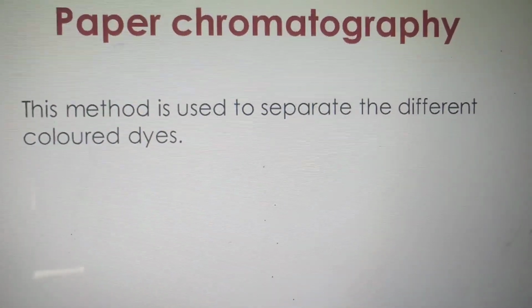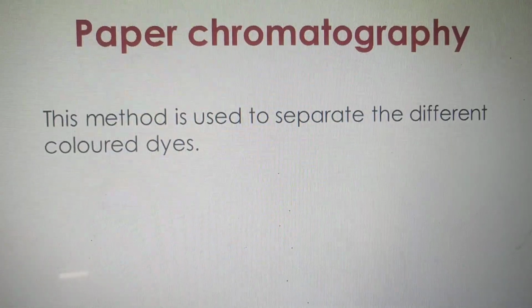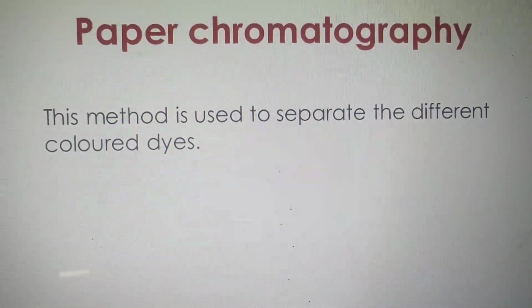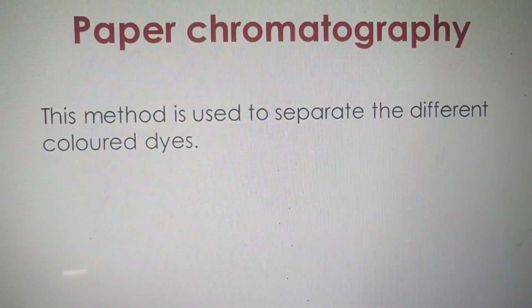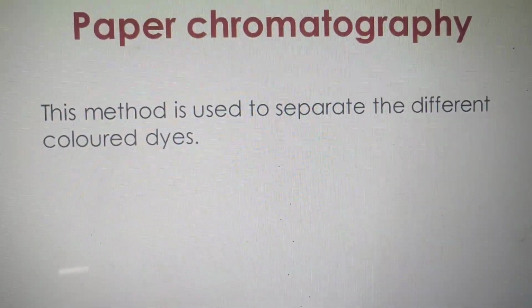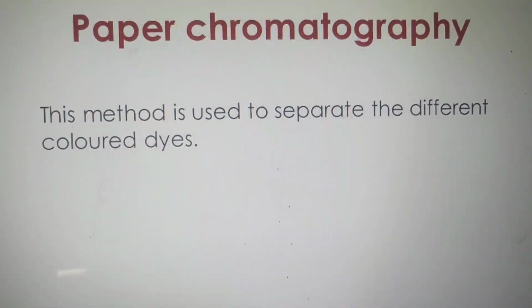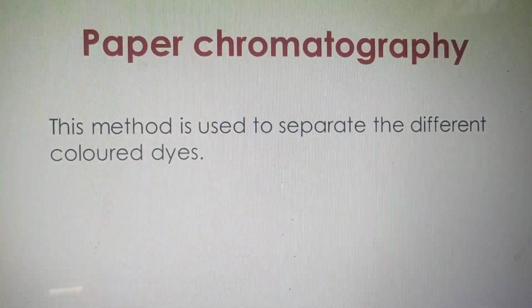Next is simple distillation. What processes are involved in distillation? Evaporation and condensation. The boiling points of the liquids separated by this method differ by more than 25 Kelvin. What is the use of simple distillation?